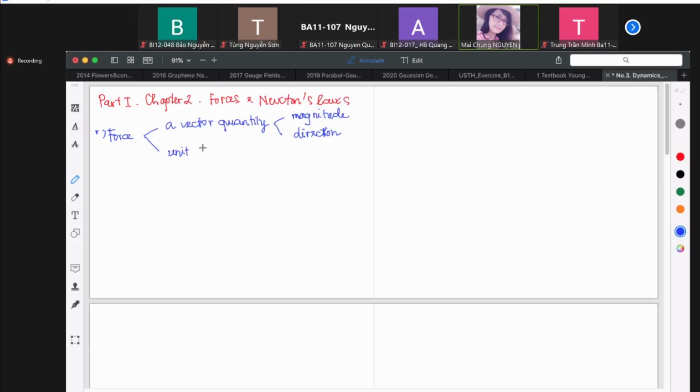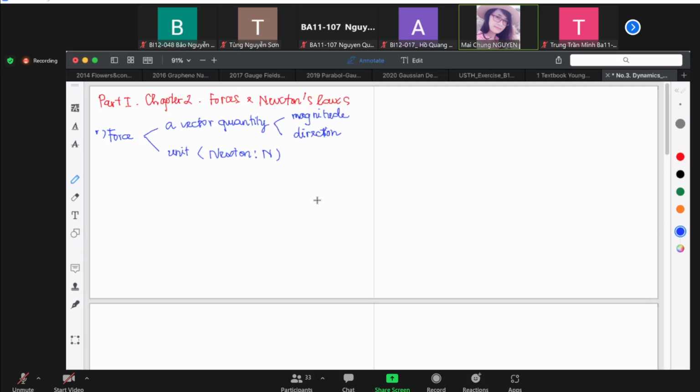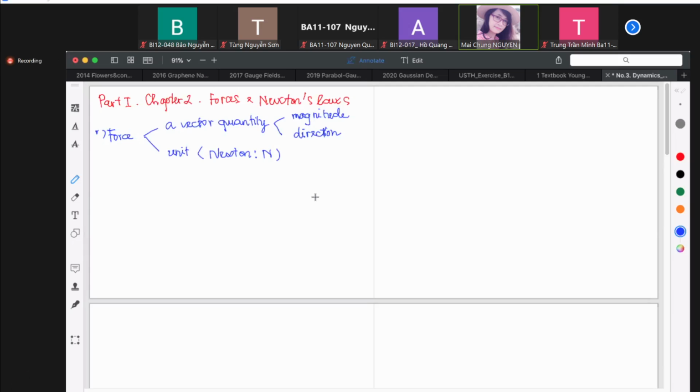Force is measured in the unit of the Newton. So at least you need to know that force is a vector quantity, which needs to show magnitude and direction, and the unit of force is the Newton, right?